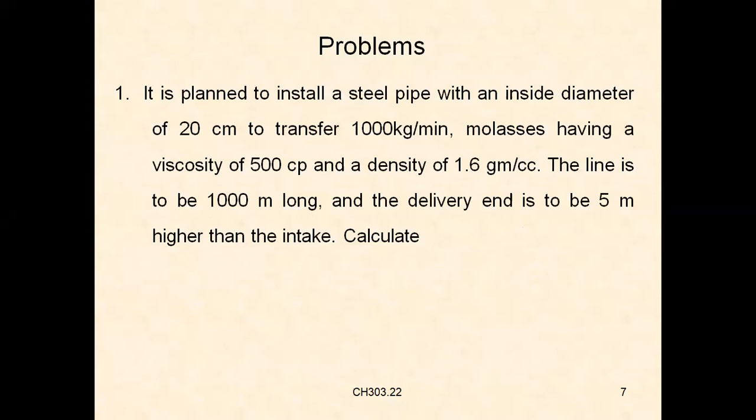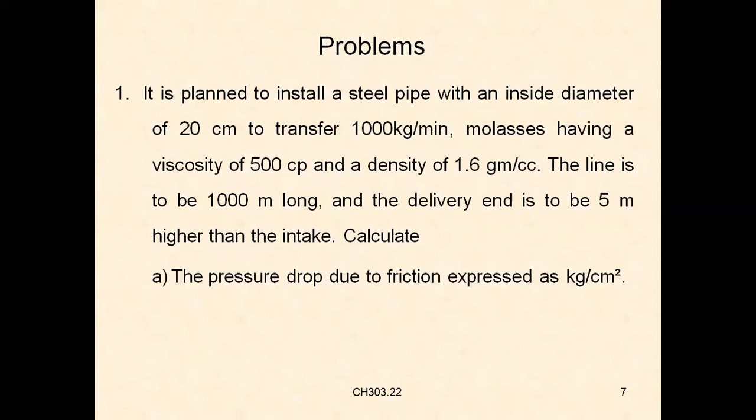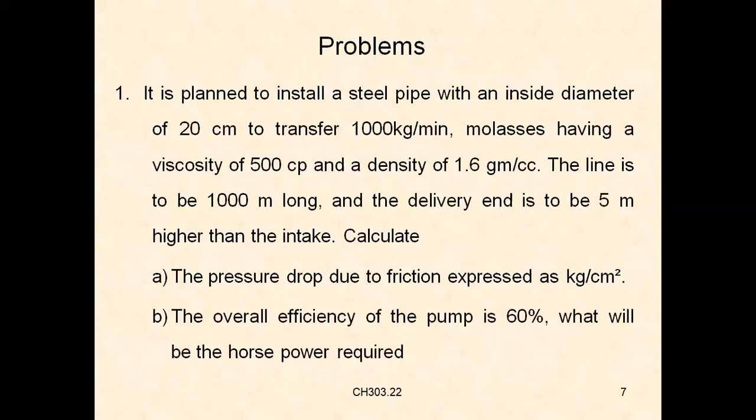The line is to be 1000 meters long and the delivery end is to be 5 meters higher than the intake. Calculate the pressure drop due to friction expressed as kg per centimeter square, and if the overall efficiency of the pump is 60%, what will be the horsepower required?